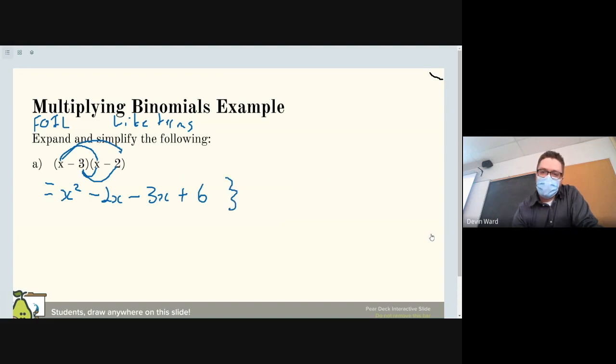Okay, so that was the expand part. And now to simplify, what do we do? What are our like terms? Yeah, Leila? Negative 3x and negative 2x. Perfect. So negative 2x and negative 3x are the same, they both have 1x. So then what are they going to simplify down to?